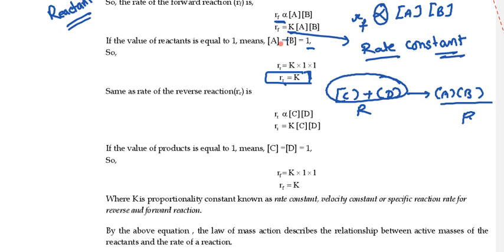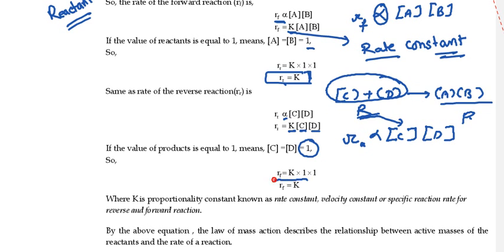According to the upper formula, the rate of reaction for the reverse one, with subscript R, is directly proportional to the active mass of C and the active mass of D, because now these work as the reactant part for the reverse reaction. Same as this, if you remove the proportional sign, you add the rate constant. If the active mass concentration of C and D is equal to 1, the rate of the reverse reaction is also equal to the rate constant.